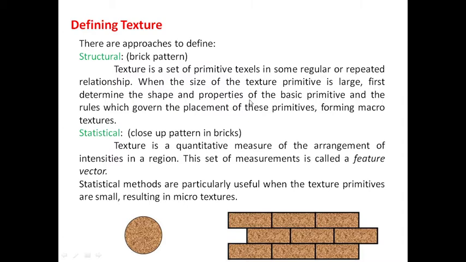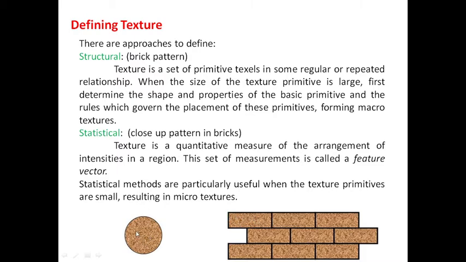The shape and the properties of this primitive, that means the basic texture properties, and the rules which govern the placement of these primitives, form a macro texture. So this brick pattern, whenever it is repeated many times, forms a macro texture here. So what is the primitive here? It is a brick pattern.